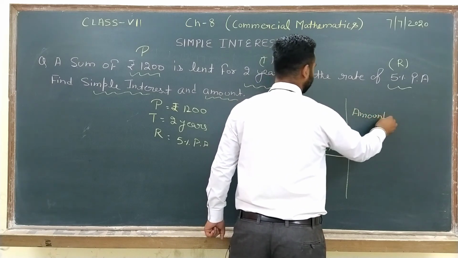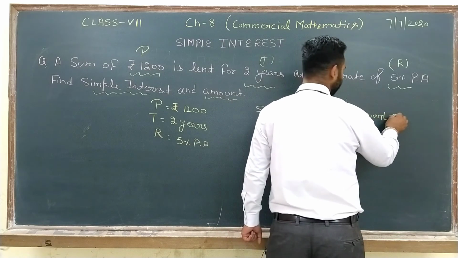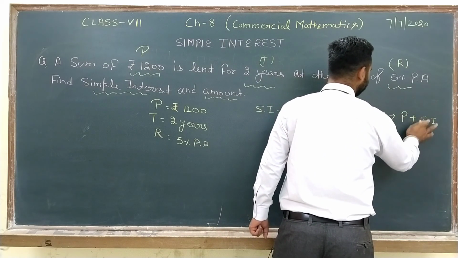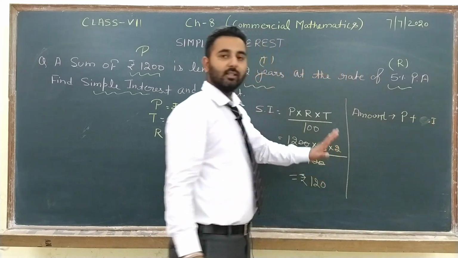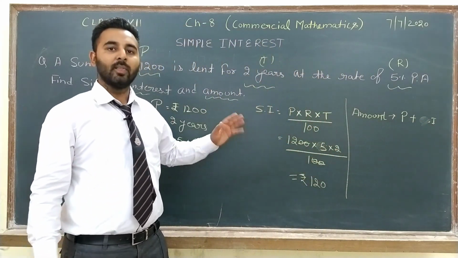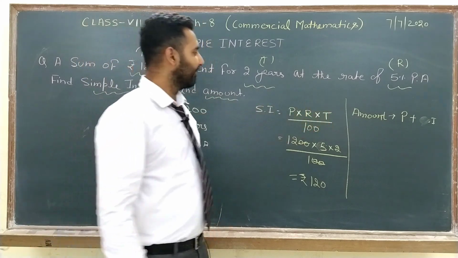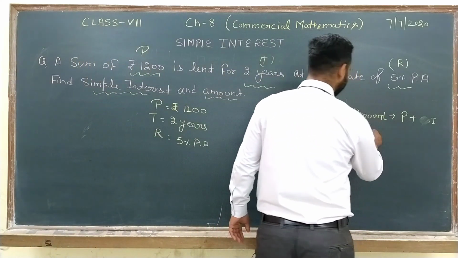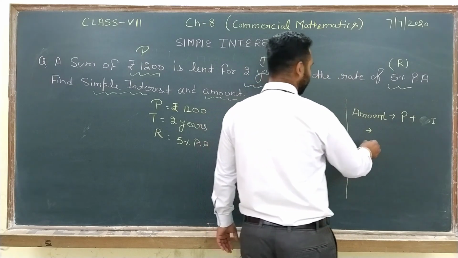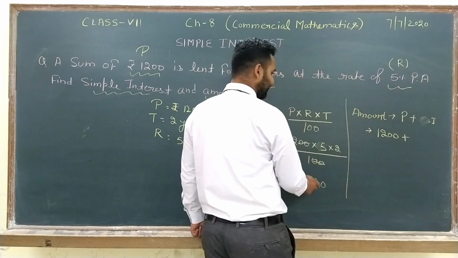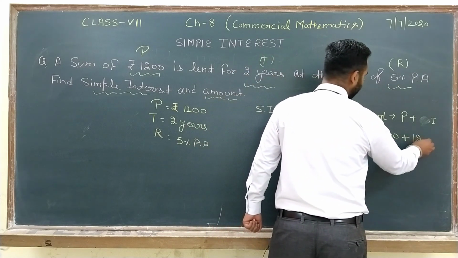The formula for amount is quite simple. Principal plus interest. Means the total value of money which we have to give, that is amount. Fine. So the total money we have to give: principal, that is 1200 rupees, and then we have to give simple interest of 120 rupees.